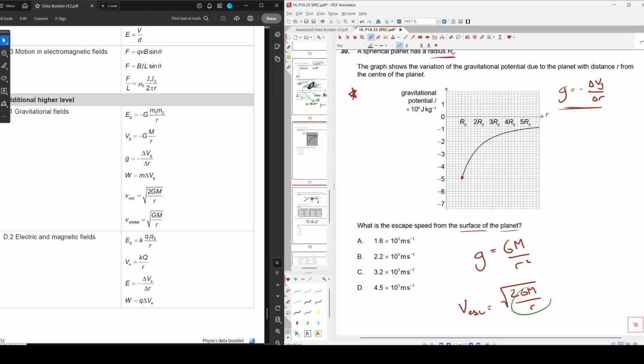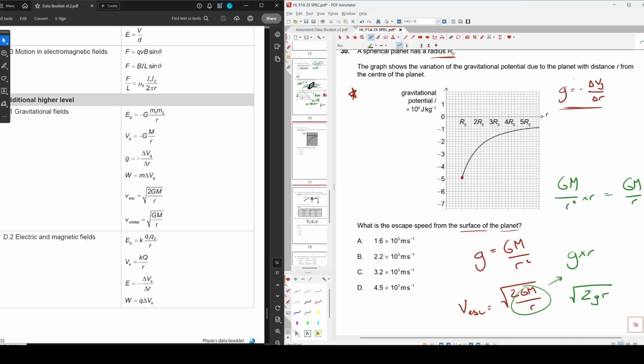Okay, this is kind of weird. You might have a better math way to do this. I don't know. GM over r, I'm thinking, is the same thing as g times r. Yes, because g is GM over r squared. If I multiply that by r, I get this. So a very funky way to say this is the square root of 2 g little r.